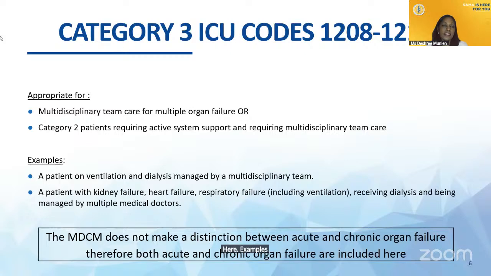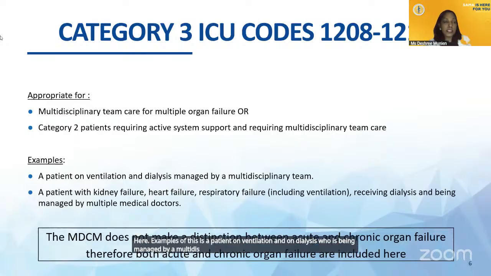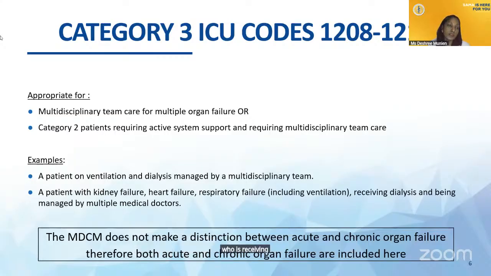Examples of this is a patient on ventilation and on dialysis who is being managed by a multidisciplinary team, or a patient with kidney failure, heart failure, respiratory failure, and this includes ventilation, who is receiving dialysis and who is being managed by multiple medical doctors.